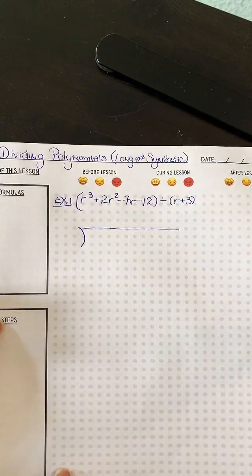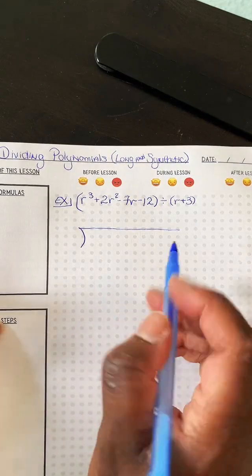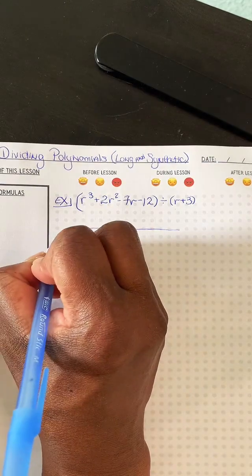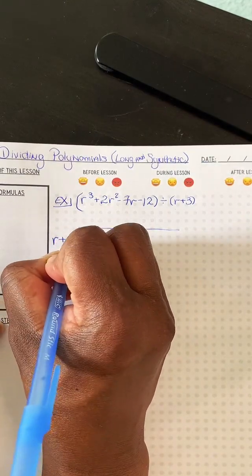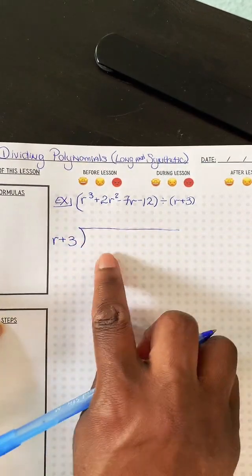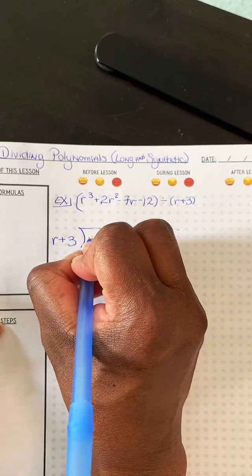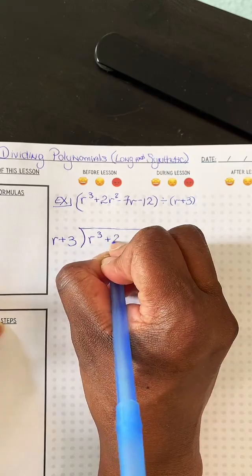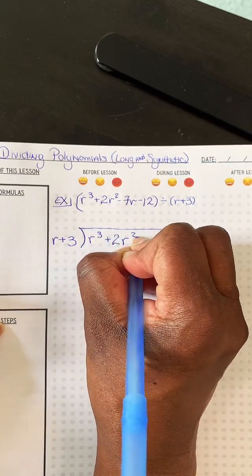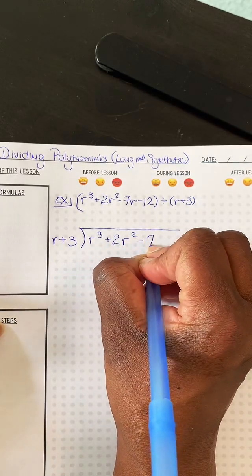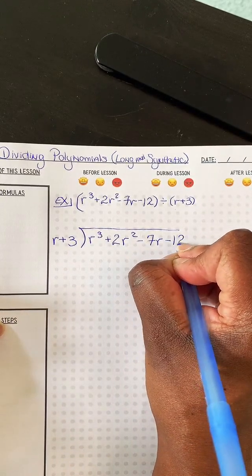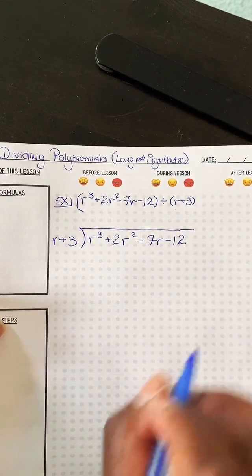What goes outside is going to be your divisor, so that is our r plus 3. What goes underneath is called the dividend, so that's your r cubed plus 2r squared minus 7r minus 12. Let me extend that out a little bit more.